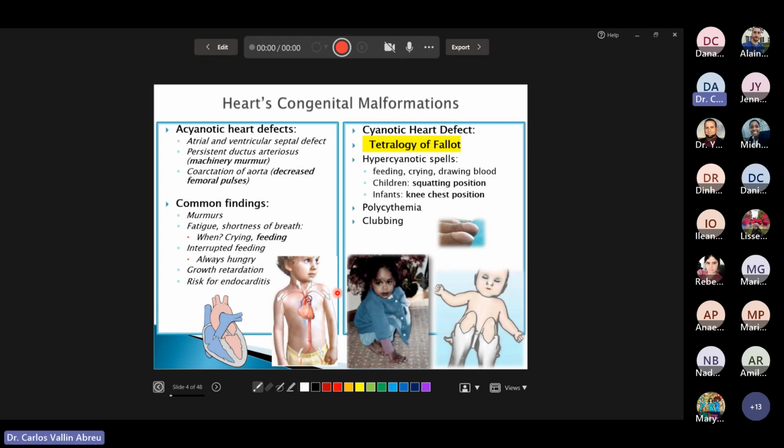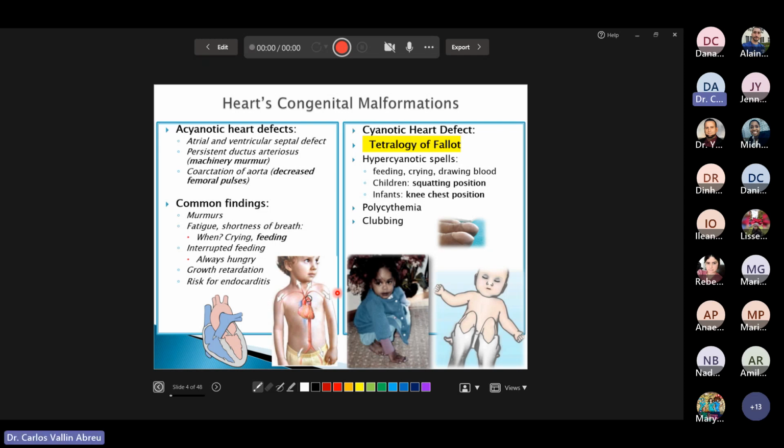You know that these congenital conditions are not genetic, are not hereditary, so they are factory defects that occur during the complex fetal, embryo development of the heart. It's a very complex development of the heart. The heart starts like a tube, and this tube starts folding and twisting in a way that is very complex, and it's so complex that it can have a mistake, and then can have malformation.